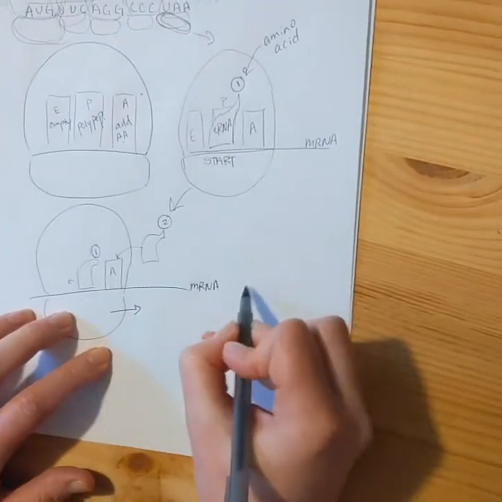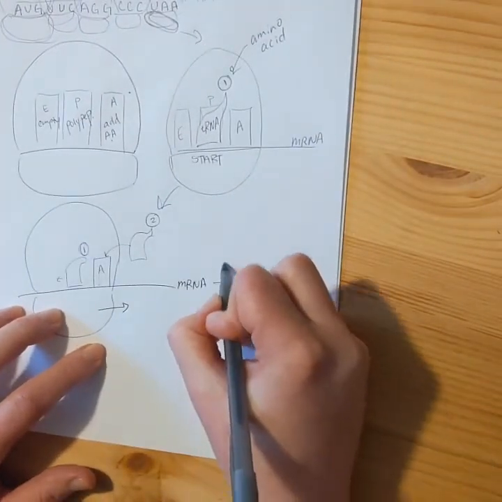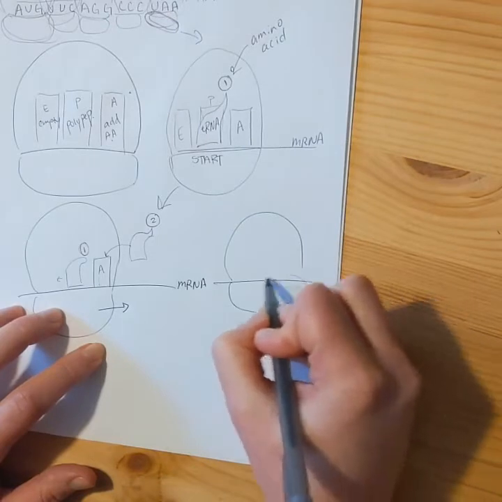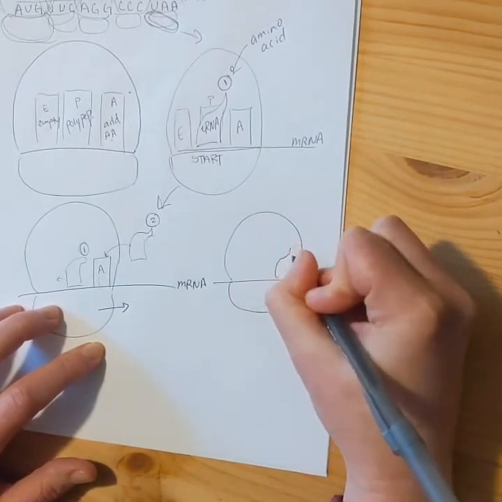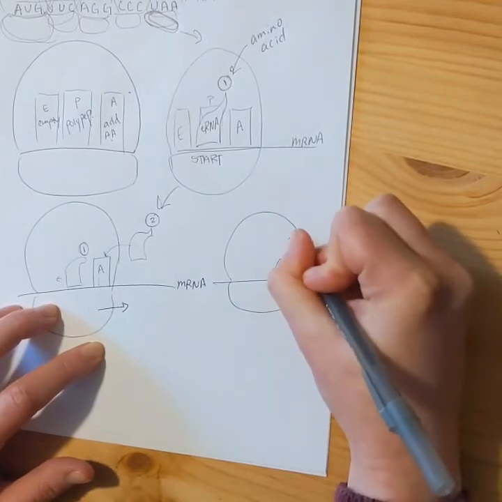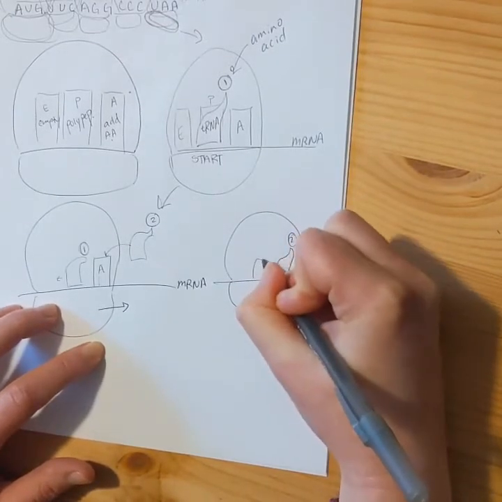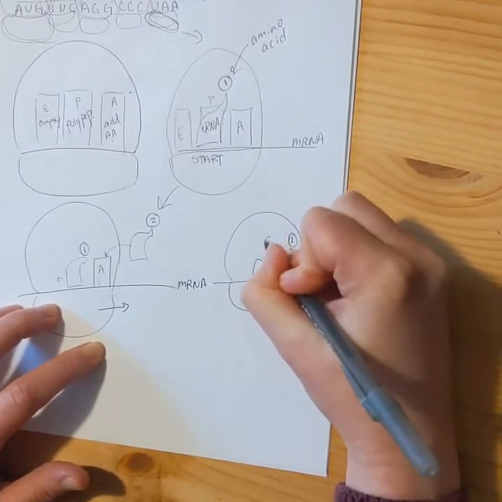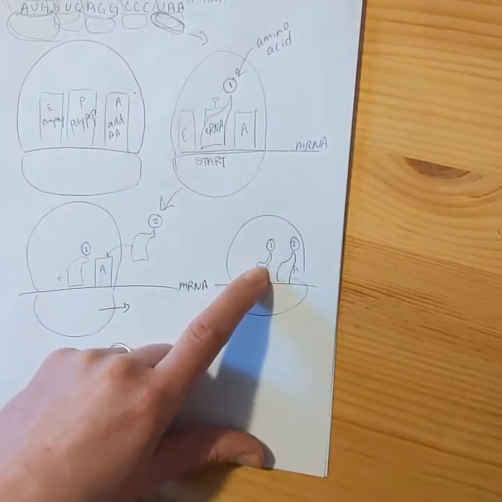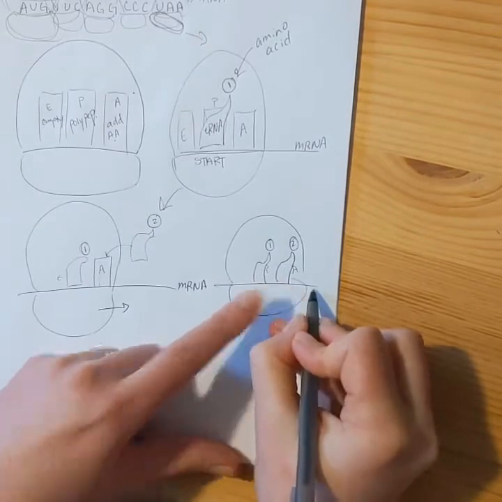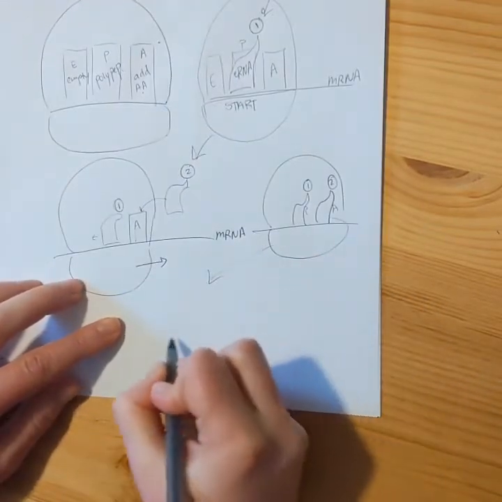Ready? This looks like this. So my new amino acid number 2 was added to the A site. Number 1 was in the P site. It's going to shift down.